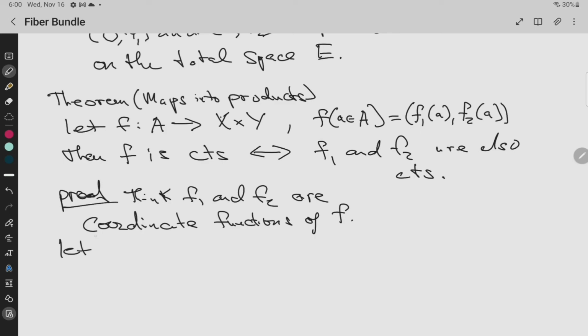To start the proof, let pi 1 be the projection operator from the Cartesian product of X and Y into X, so it maps into the first factor. Likewise, pi 2 maps the product into the second factor.